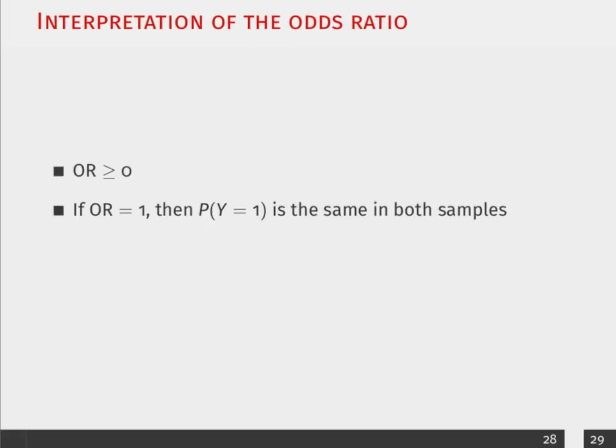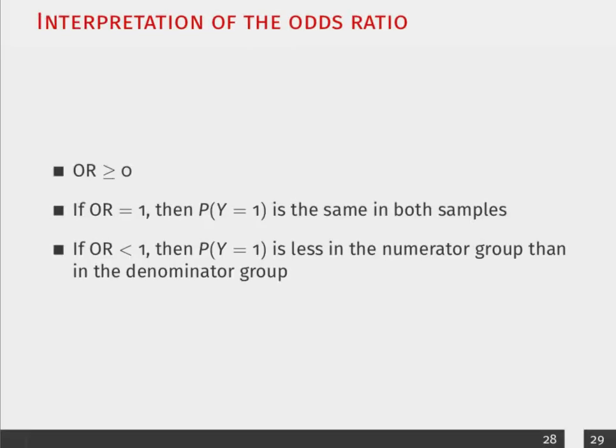Now, when we're looking at the odds ratios, the way that we can interpret them is that they're always going to be greater than or equal to 0. If they're 1, that means the probability that y equals 1 is the same in both samples. In the previous one, we saw that it was about 0.5 for non-smokers to smokers. Now, if the odds ratio is less than 1, that means the probability of y is less in the numerator group than in the denominator group.